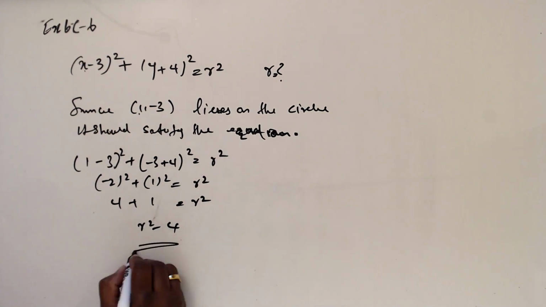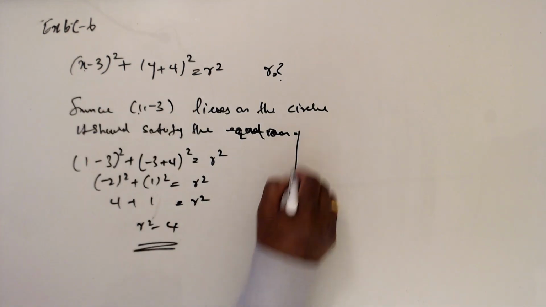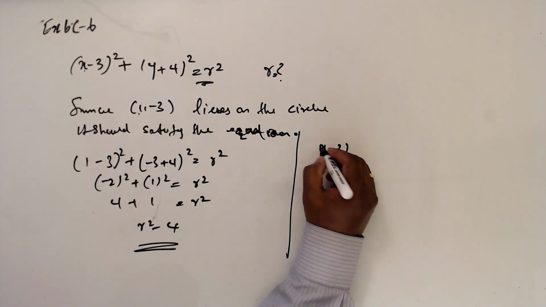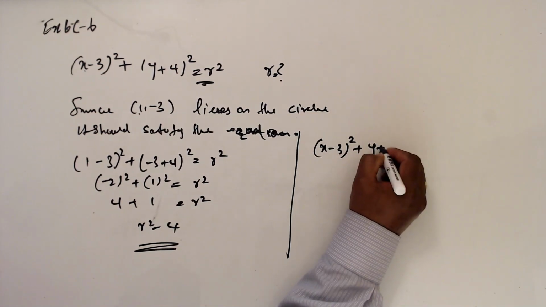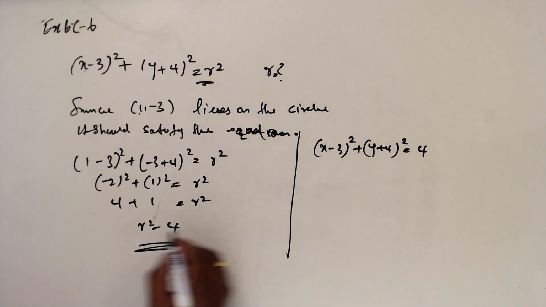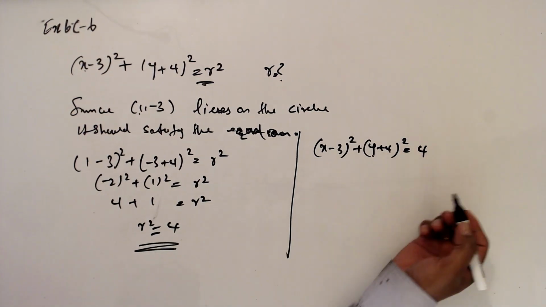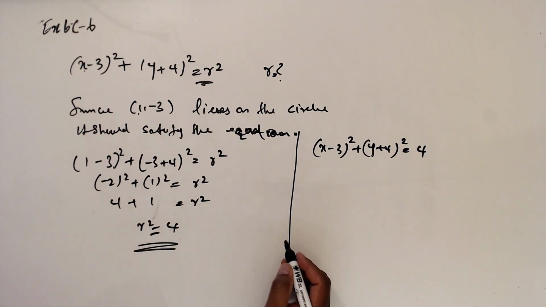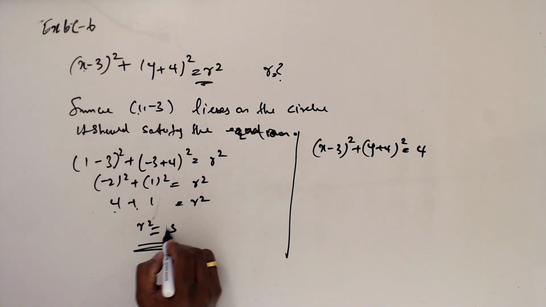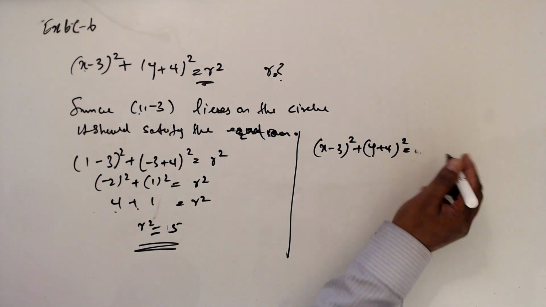Now we know the value of r square. So (x minus 3) square plus (y plus 4) square equal 5.